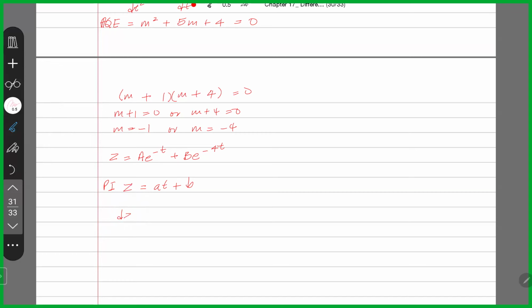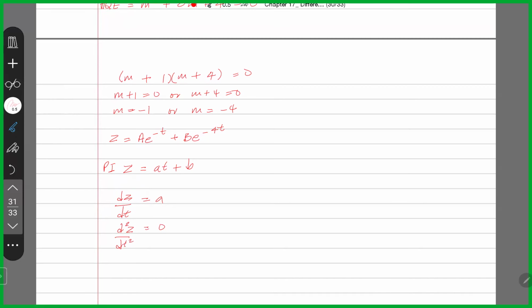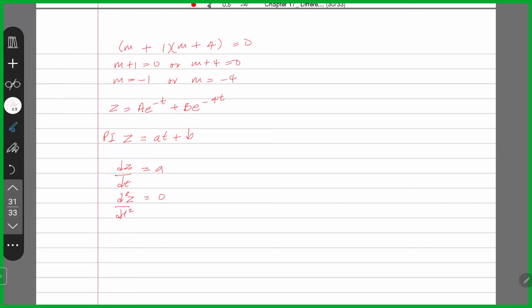Now dz by dt is equal to a, and d2z by dt squared is equal to 0. Substituting into this equation, d2z by dt squared plus 5 dz by dt plus 4z is equal to 3t plus 6.